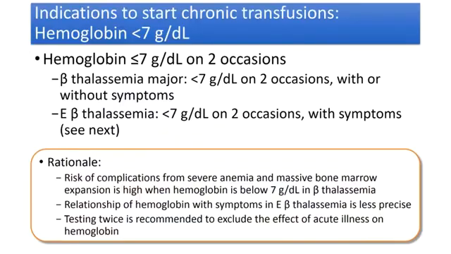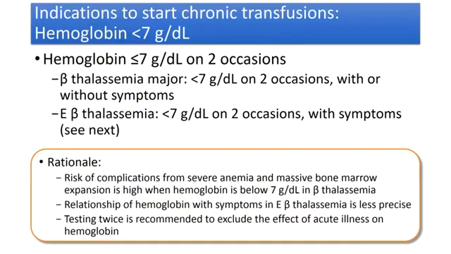So what are the indications to start chronic transfusions? First of all, if the hemoglobin is less than 7 on 2 occasions, then if the diagnosis is beta thalassemia major, transfusions should be started. But if the diagnosis is E beta thalassemia, then along with the lower hemoglobin below 7, we are also seeking symptoms from anemia that may or may not be present.